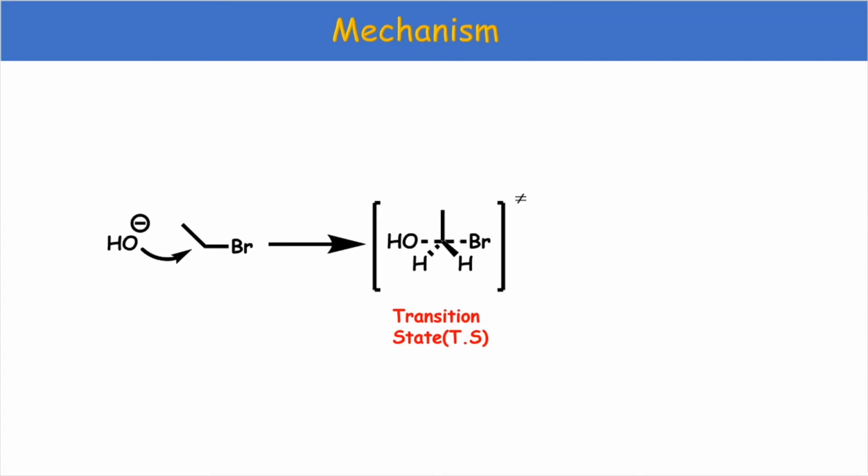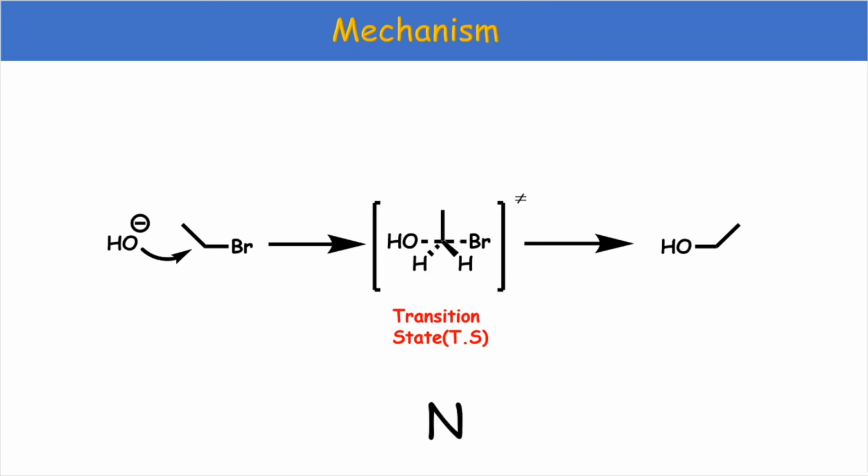So here the entrance of the nucleophile and the departure of the leaving group are occurring at the same time. So that's why the reaction rate is dependent on both the alkyl halide as well as the concentration of the nucleophile. By this single transition state you will get this alcohol product, and here we can propose the name.